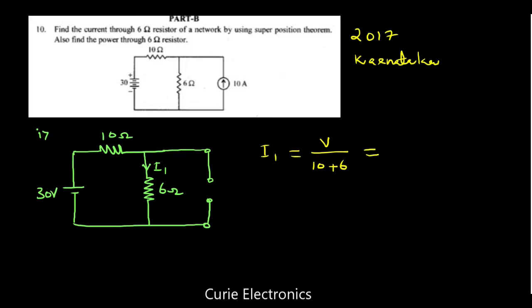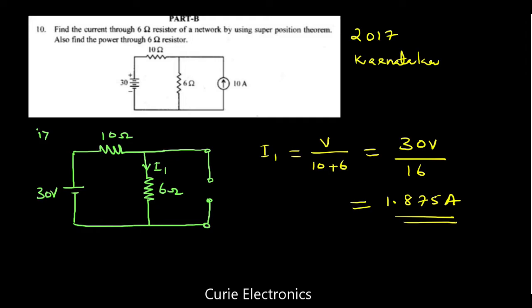The voltage is 30 volt, so 30 volt upon the resistance, 16. If you simplify 30 upon 16, you will get 1.875 amps. Now this is due to the 30 volt voltage source.